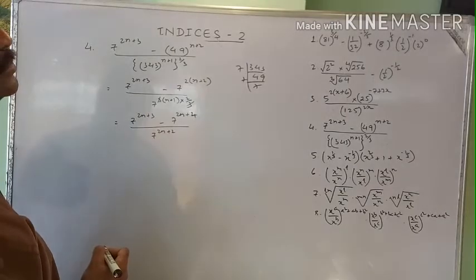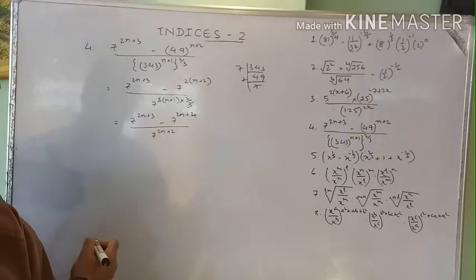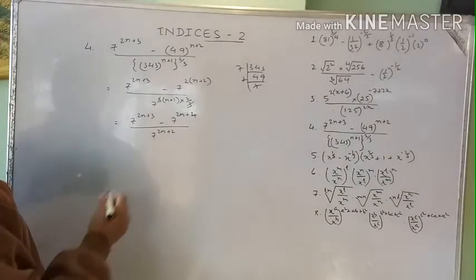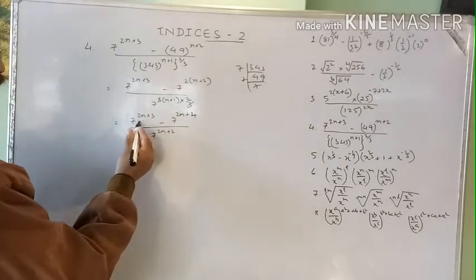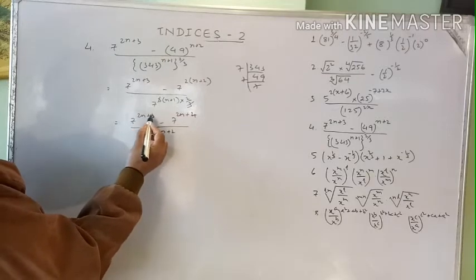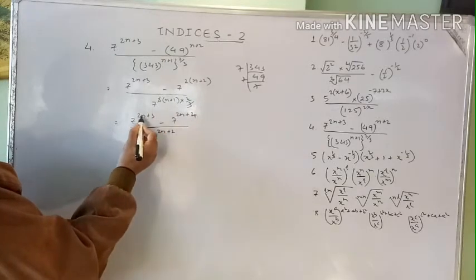So this is 49 to the power n plus 2. Now here the power of 7 is 2n plus 3, here 2n plus 4. So the lower power is 2n plus 3.